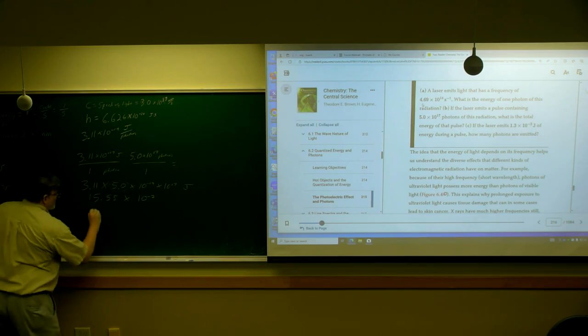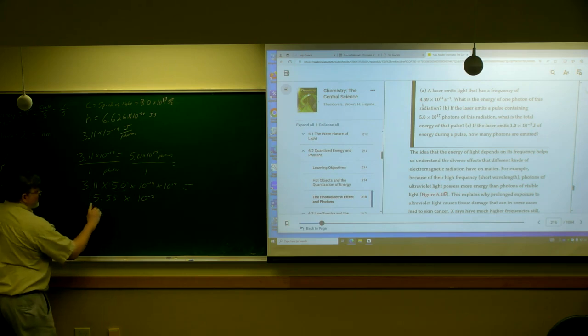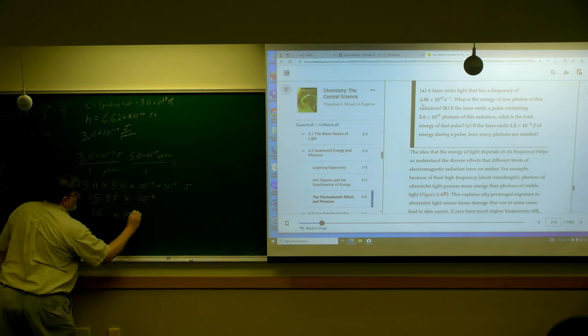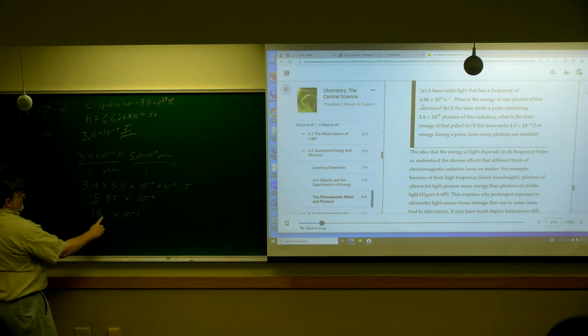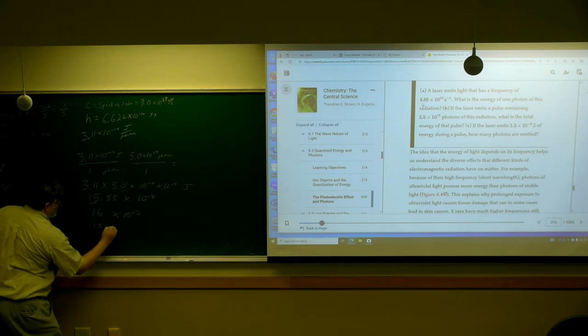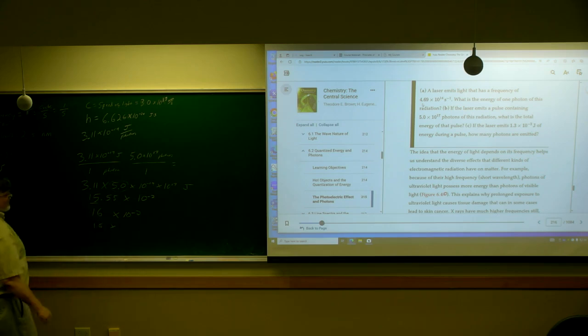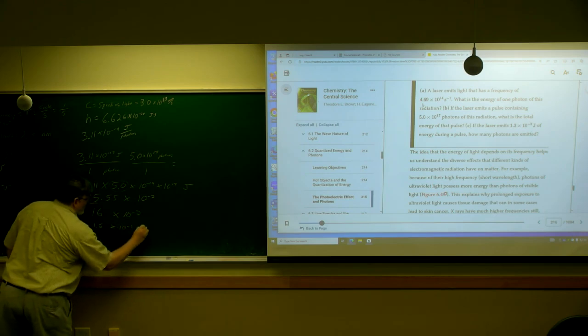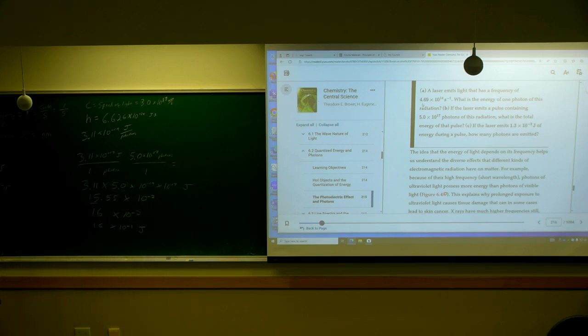So I guess this is just going to be 16 of those. And in scientific notation, that will say 1.6 times 10 to the negative 1 joules.